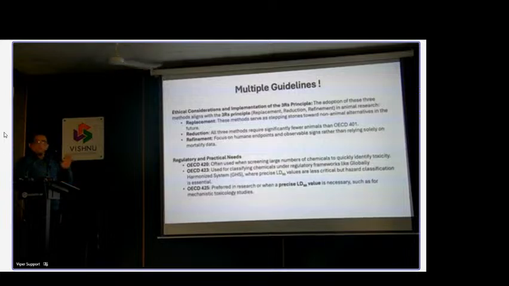That way you can indicate that this drug is this much potent in producing the toxicity. So 425 is a more precise value. These two give a range, but here you can use additional mathematical calculations. There are free softwares also available, I believe, that you can use to generate this data.